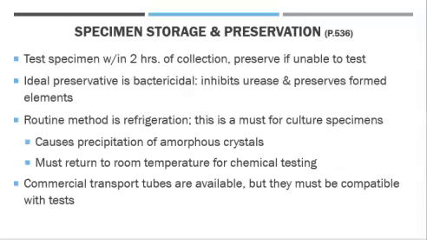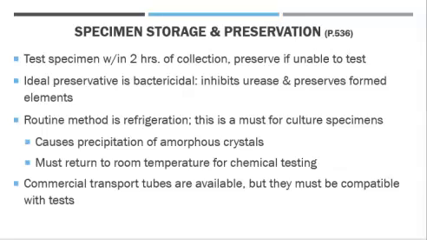The most routine method of storage and preservation for our urine samples is just refrigeration, and this is a must for our samples that we're going to culture. But some things to take into consideration when you do refrigerate your urine samples, there could be a precipitate of amorphous crystals that form while they're in the refrigeration.